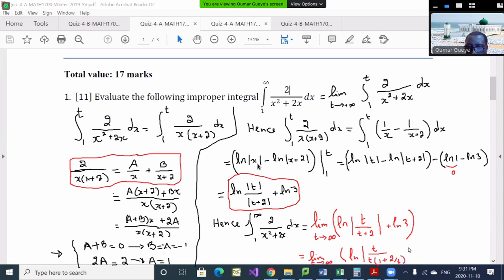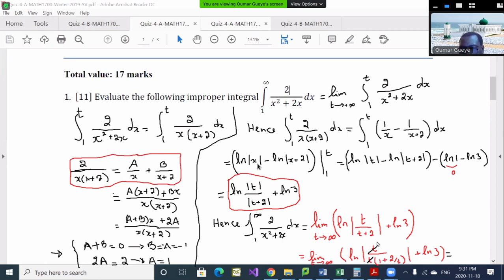The reason is I have infinity over infinity, so I factor out the common factor t in order to simplify. Now I simplify this t and this t.